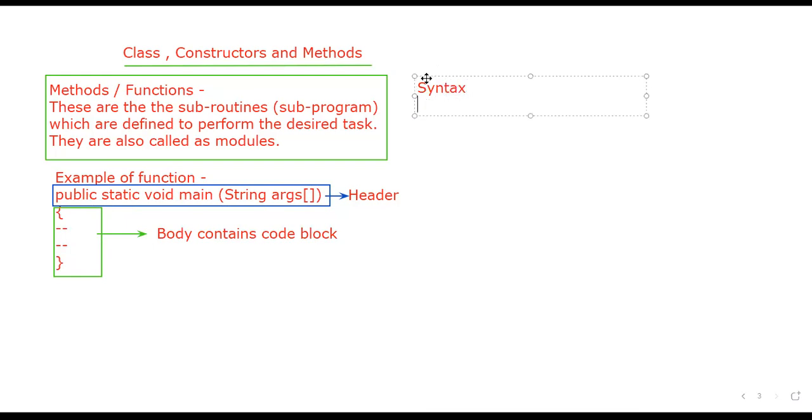Now, what is there in the syntax? The syntax says that the part should have what? Public means access specifier. This is the first part, public. Then you have modifier.